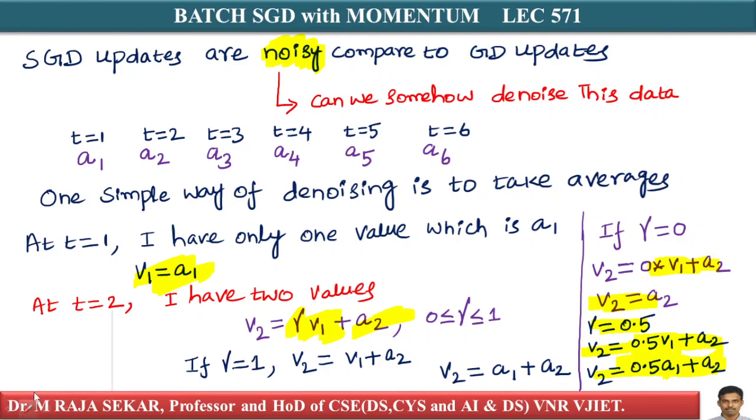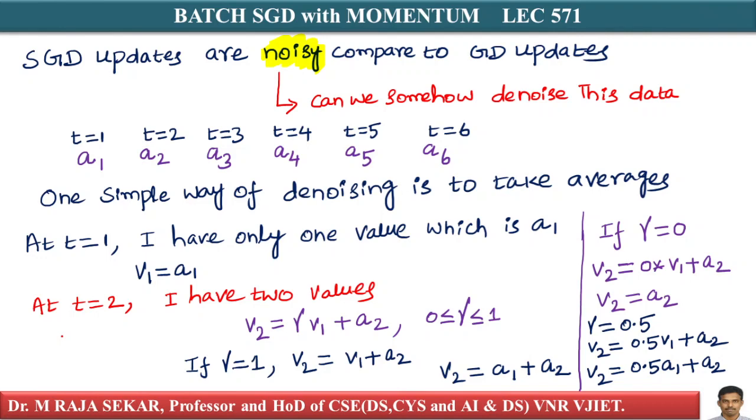Its weight is 1. The previous point is A1, and its weight is 0.5. What is the meaning of this? You are giving more weight to the most recent point that you have seen, and less weight to the point that we have seen in the past.